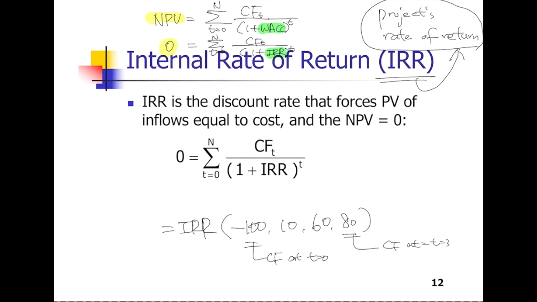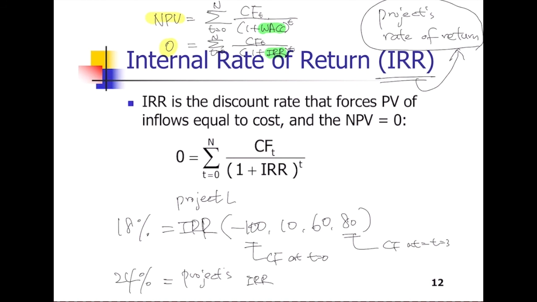Then you get some number, 18%. This is project L's IRR. And project S's IRR is 24%.